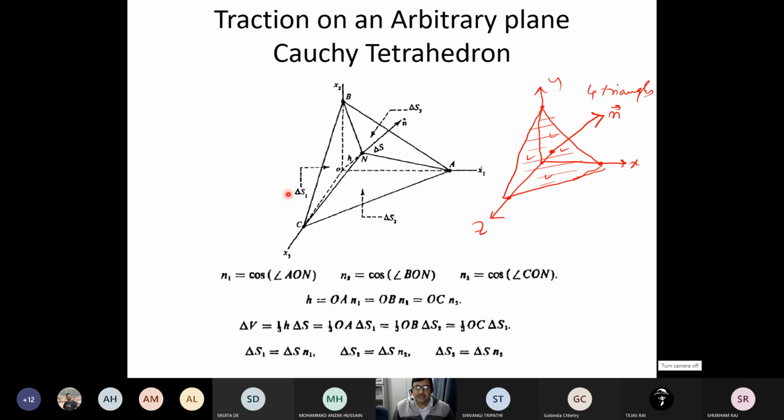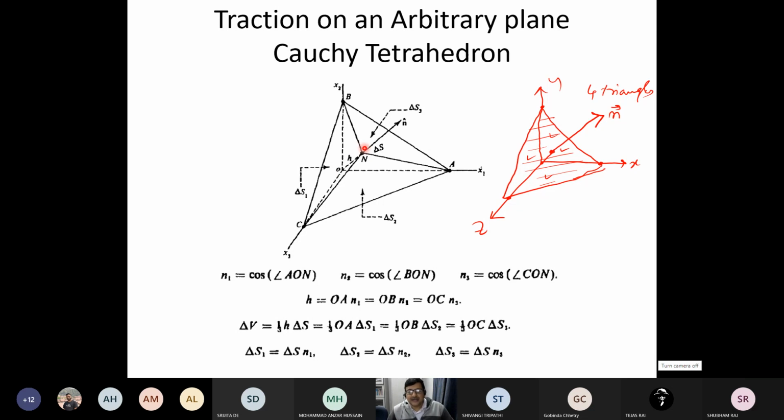Correct? Now, if this is the normal n, which is piercing through this capped triangular surface, this n can also be resolved as n1, n2, and n3. Now, from the geometric rule, we can say that n1 equals cos AON, n2 equals cos BON, and n3 equals cos CON, just by geometric arguments.